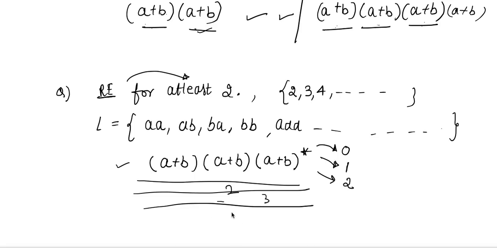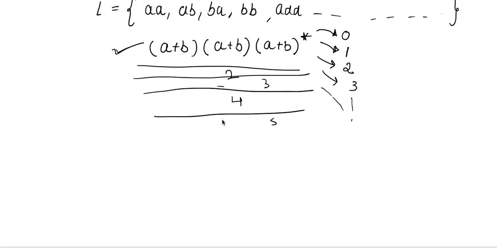It will become a string of length 4. If I put 3, it will become a string of length 5 and so on. So this is the regular expression for the language containing all the strings with length at least 2. Got it? So let's see one more example.